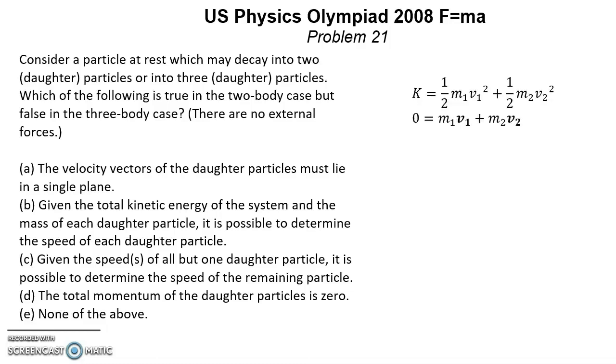We have total kinetic energy and we have zero momentum, and we have both masses. It means that we have two variables, v1 and v2, and two equations. So it means that that's correct. We can calculate the speed of each particle.